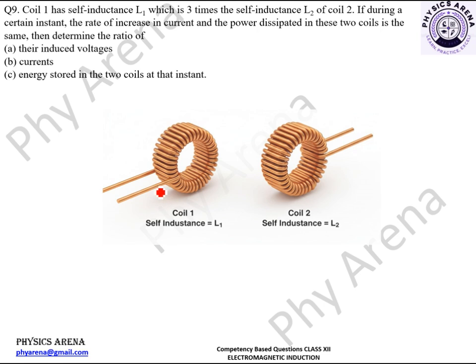So this is coil 1, and let us assume that I1 is the current that is being induced here, and E1 is the voltage induced in this coil due to the rate of change of current I1.